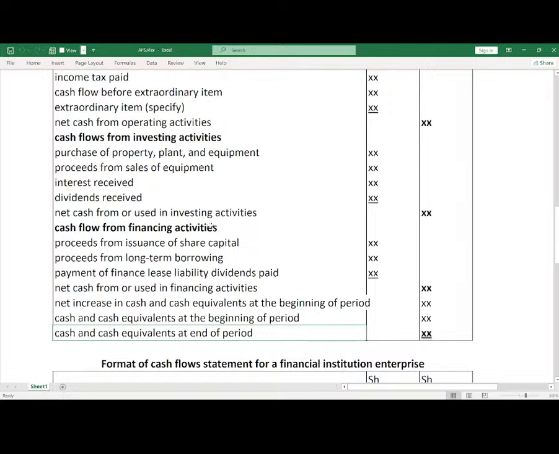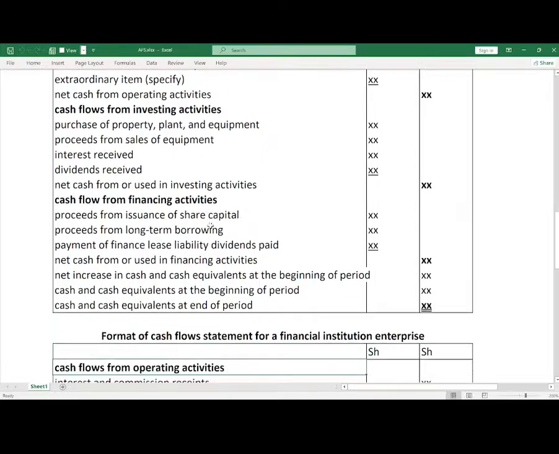So those are the things that we are supposed to add in our financing activity, and as well to finalize that. So you can also take the screenshot on the lower part. So that is for the indirect method pertaining to a non-financial institution enterprise.